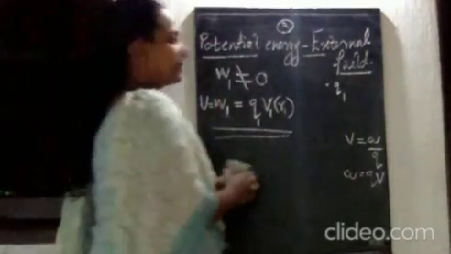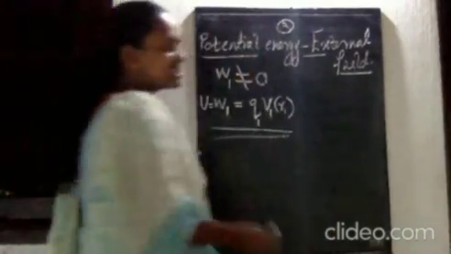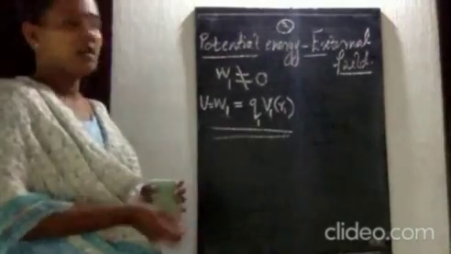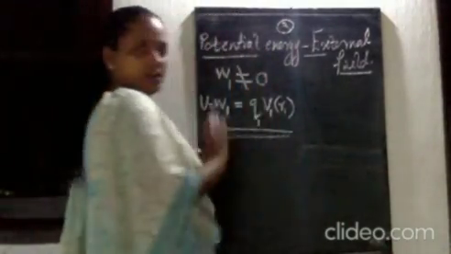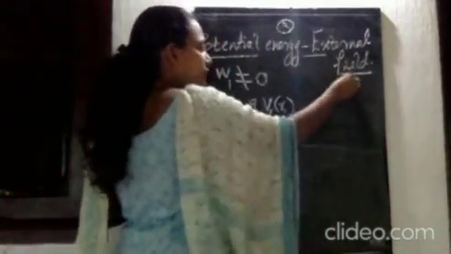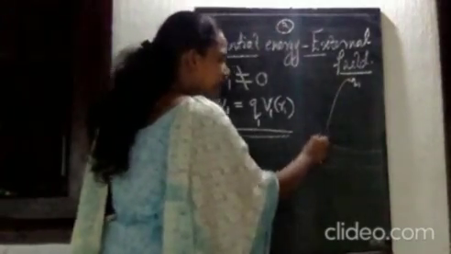Next, suppose we want to find the potential energy of a system of two point charges in the presence of an external field. How can you write the expression? We are considering a region in which a field exists. Whenever you bring a charge Q1 from infinity to a given point R1, there is a potential V1 at that point.